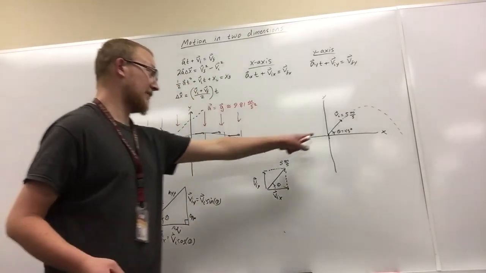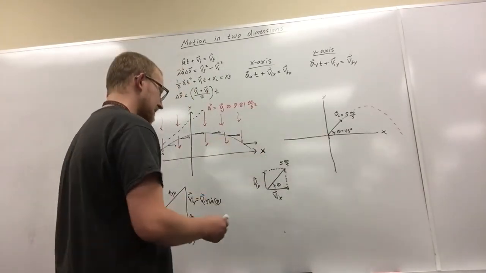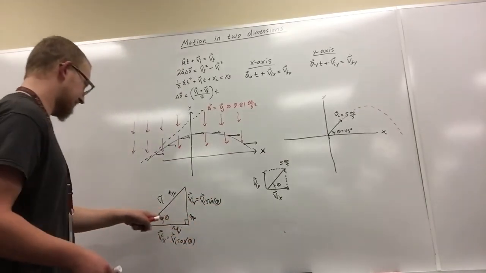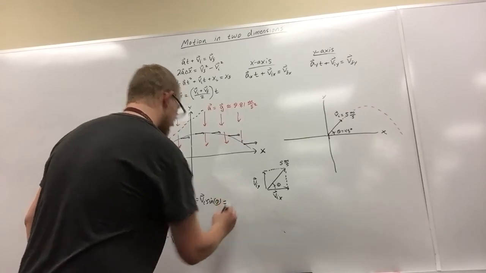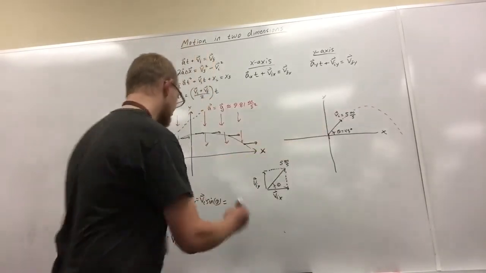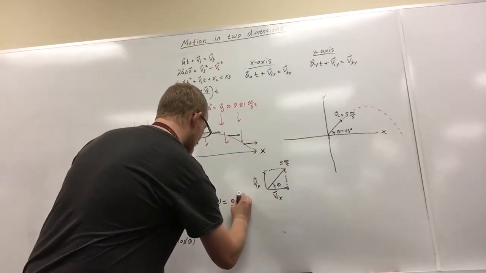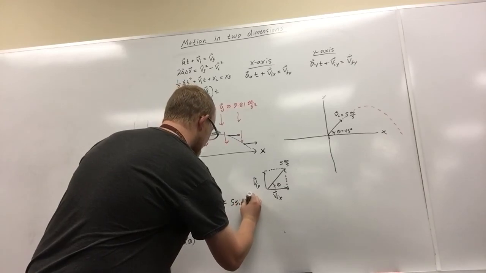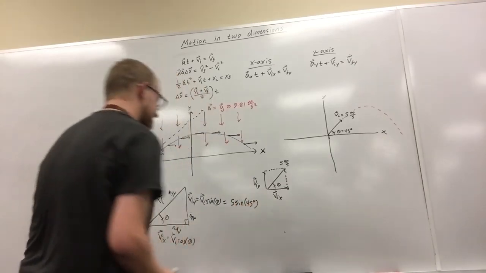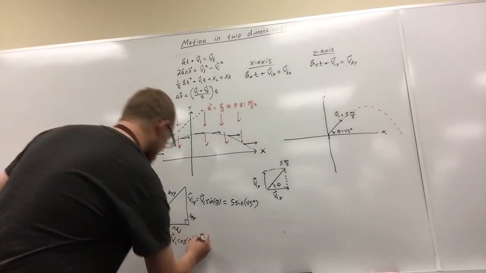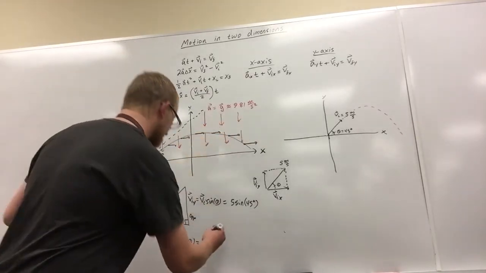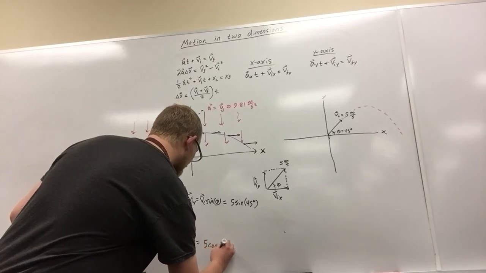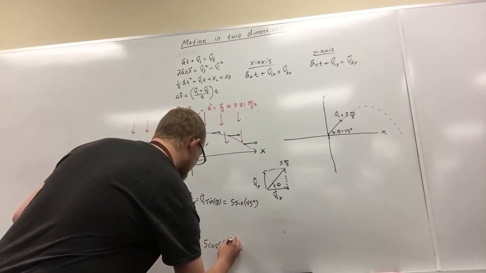Now I know that my angle is 45 degrees, and using these identities, VIY equals VI sine theta. VI is 5 meters per second, and theta is 45 degrees. And then of course VI is 5, and cosine theta is cosine of 45 degrees.